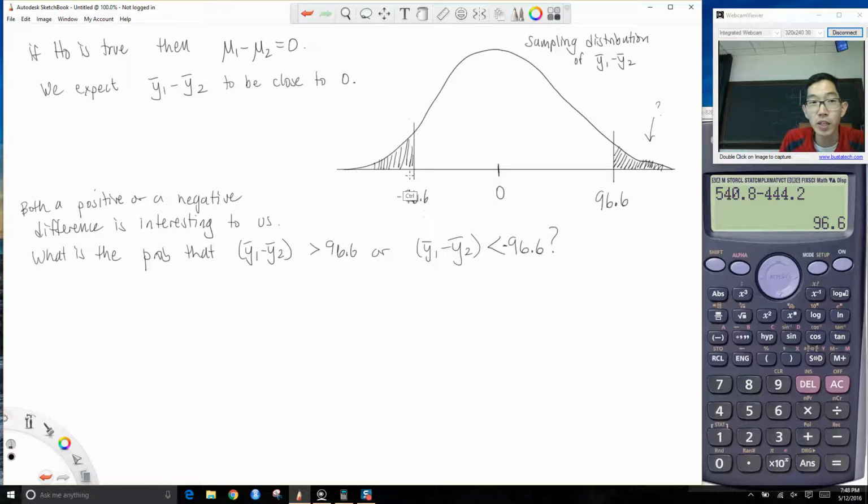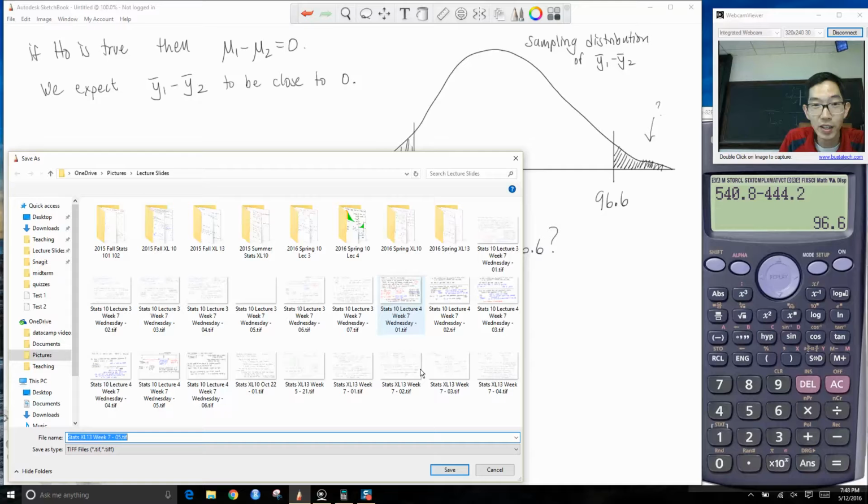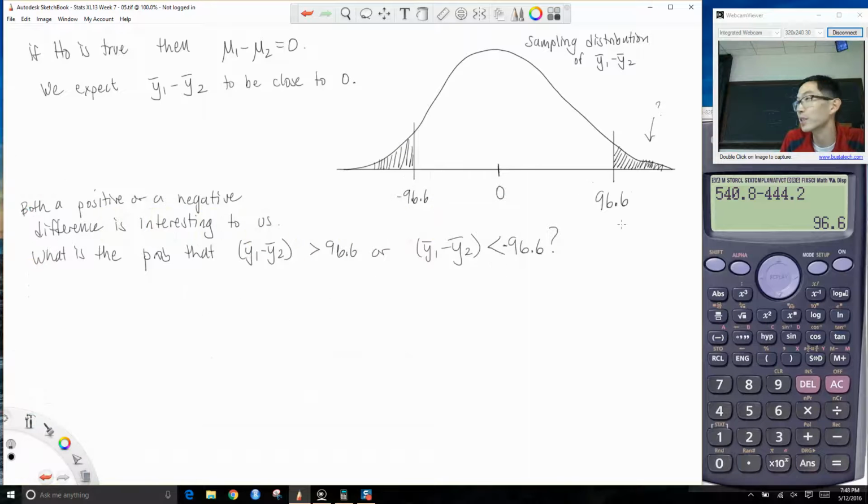At this point we're going to basically get a z-score. But it's not a z-score because it's technically the t distribution, so we would get the distance from the mean expressed in standard deviations. So we would do 96.6 minus 0 divided by the standard deviation of the sampling distribution, which is known as the standard error.